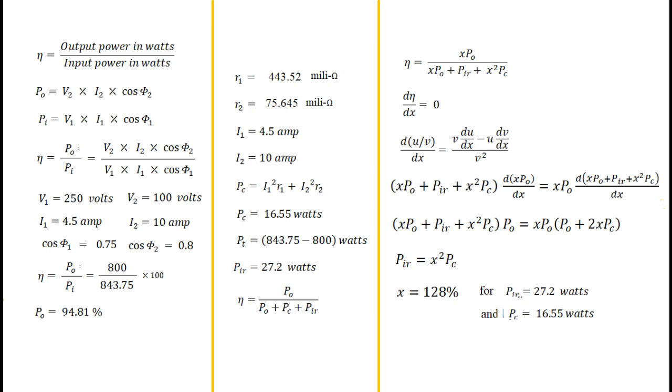The next step shows the corresponding substitution before differentiation. On differentiating the terms of the equation and simplifying them further, we reach a final condition. Note that the derivative of iron losses is 0 since it is a constant term. This condition tells us that when constant losses become equal to variable losses, efficiency becomes maximum.